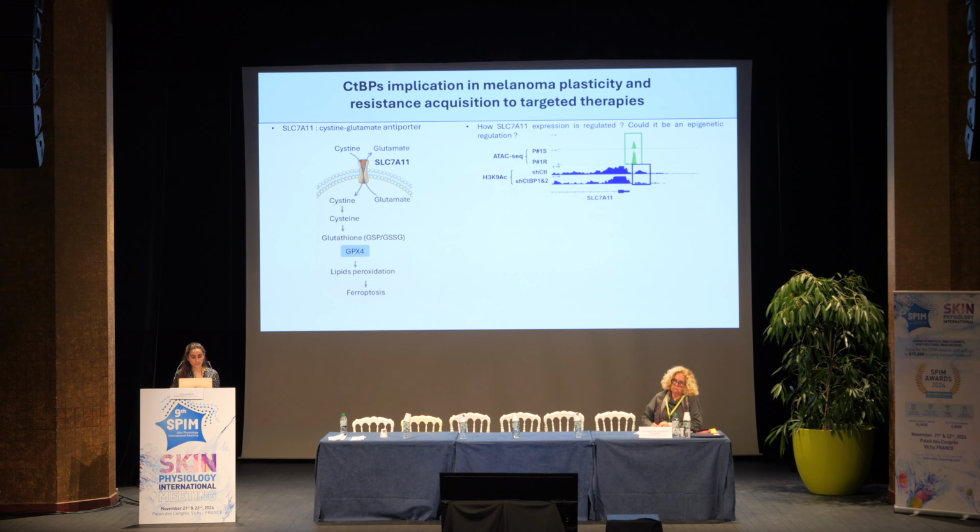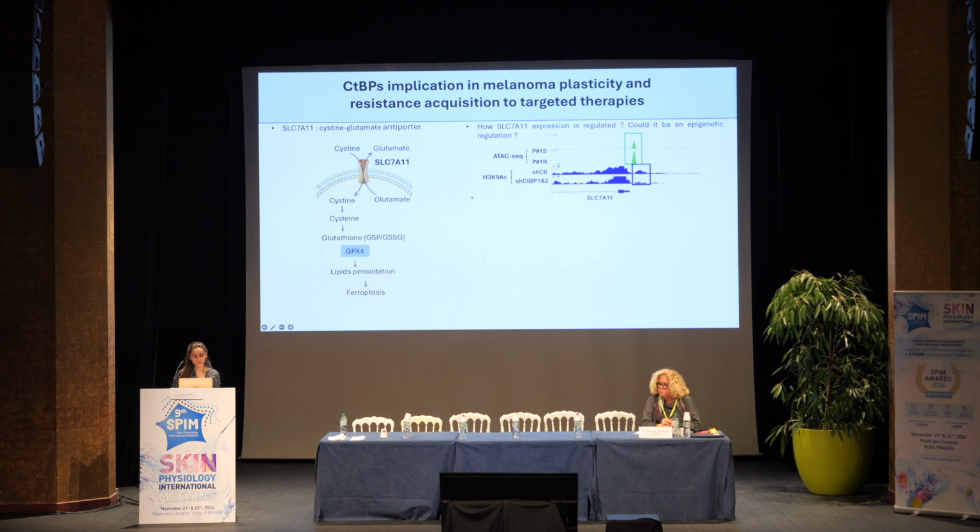And to answer this question, we performed ATAC-seq, which is a technique that will allow us to see where the chromatin is open or not. And we performed this sequencing on sensitive and resistant cells. And you can see that we have an upregulation of this peak in resistant cells just above the promoter of SLC7A11, confirming the results that we have that resistant cells express higher levels of SLC7A11 compared to sensitive cells.